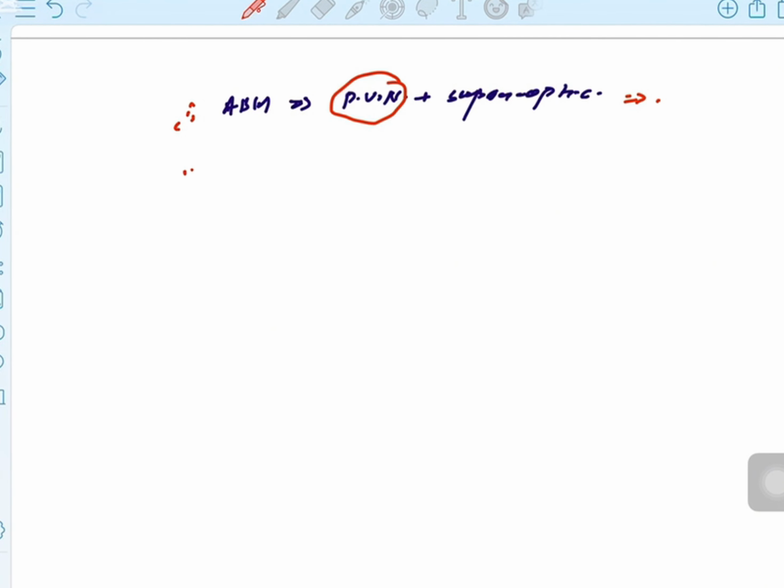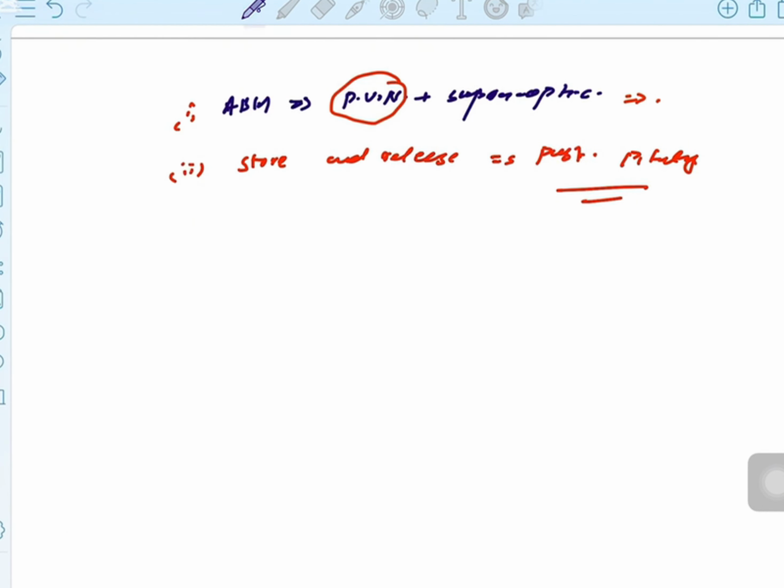Number two, if someone asks where antidiuretic hormone is stored and released, you have to give the answer that it is stored and released in the posterior pituitary.